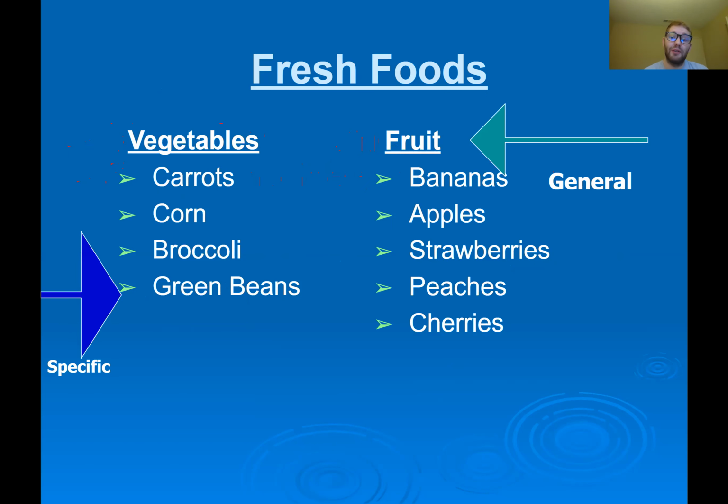And of course, you've seen this chart before as well, where we're talking about something general, like vegetables or fruit, compared to something a little more specific, like the specific types of items in those lists. And then you can be even more specific if you want to get into the nitty gritty, like different types of apples or different types of cherries. You can be as specific as you want there, but as long as you encompass an idea that's general, then there's no confusion later on.